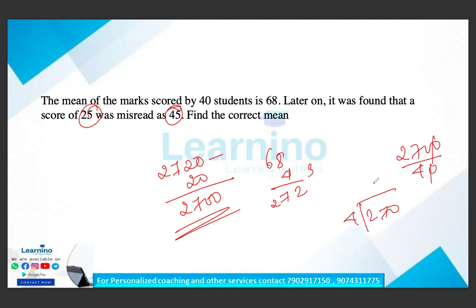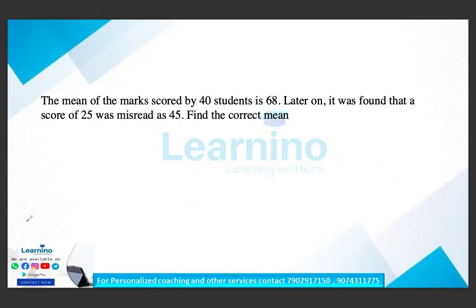So we'll get 67.5. So 67.5 will be the answer of this question.